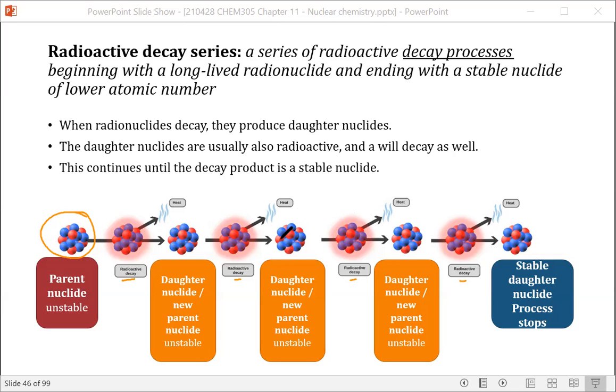And then if that one's still not stable, it'll undergo radioactive decay again to produce, again, a new daughter nuclide. And as long as the daughter nuclides produced are unstable, they're going to keep undergoing radioactive decay until eventually they reach a final stable daughter nuclide product, and the process will stop.